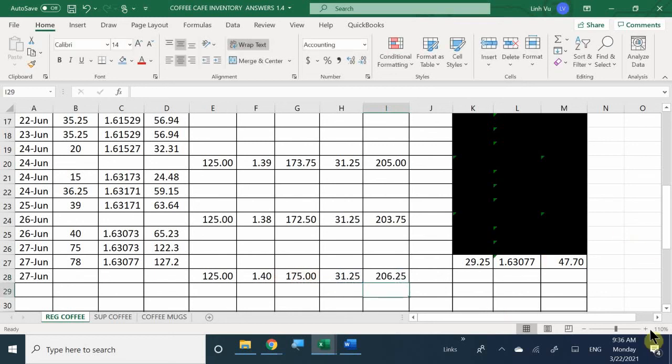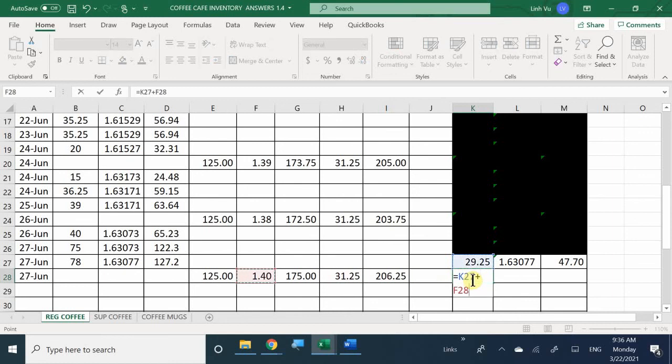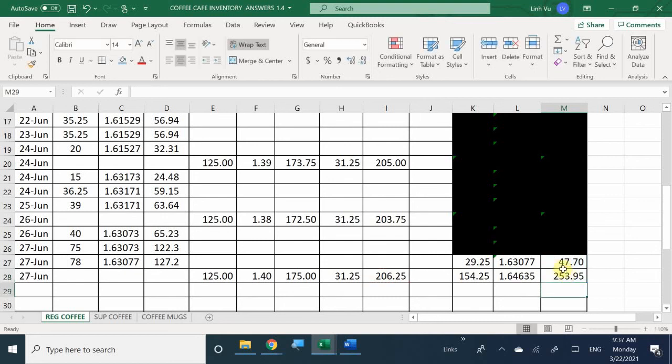So let's go ahead and update our inventory. So how many pounds do I have now? 154.25. And what's my new total cost? 253.95.